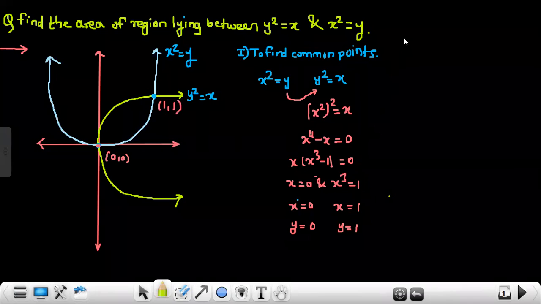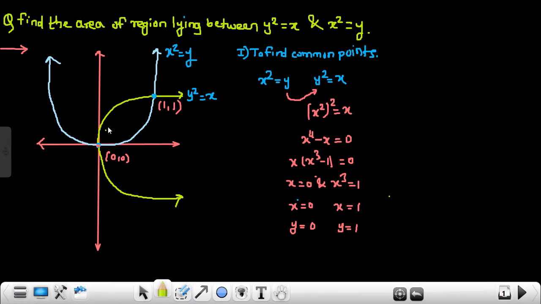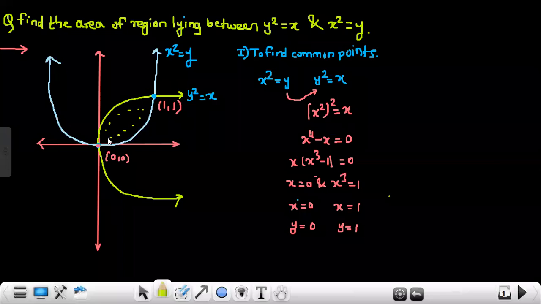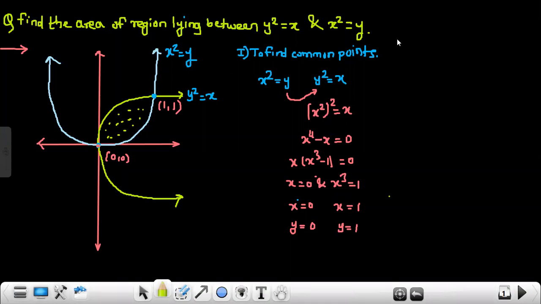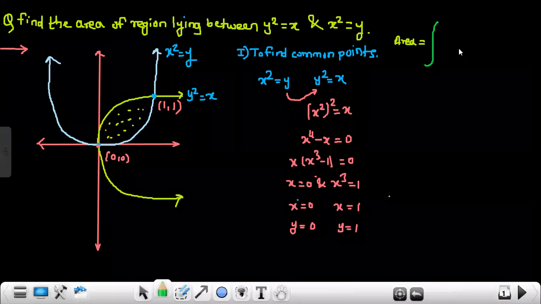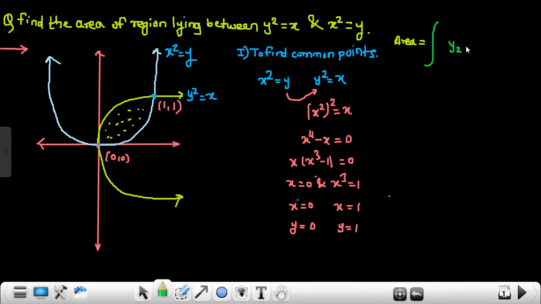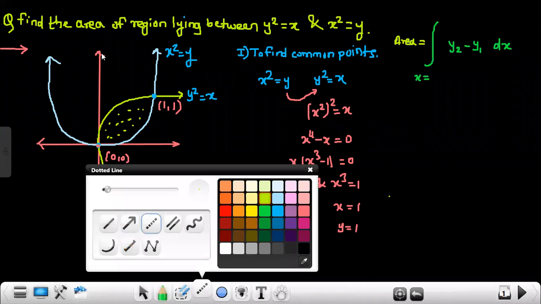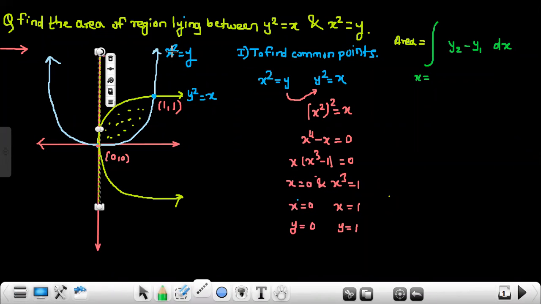Now the second task is to find the area, this area. For this area I am using the third formula, that is, area is equal to the integral of y2 minus y1 dx. And x goes from what? This line is x = 0 and this line is x = 1.